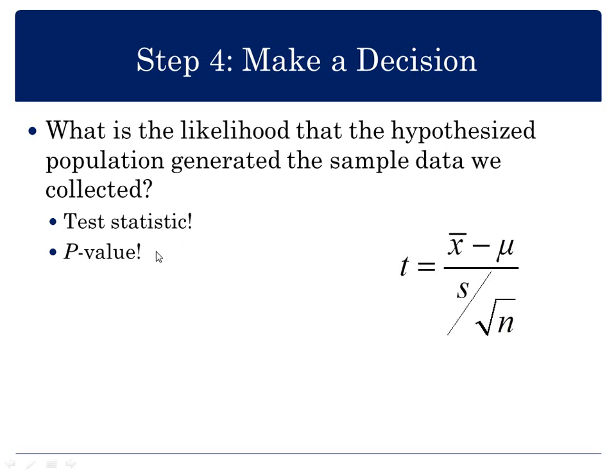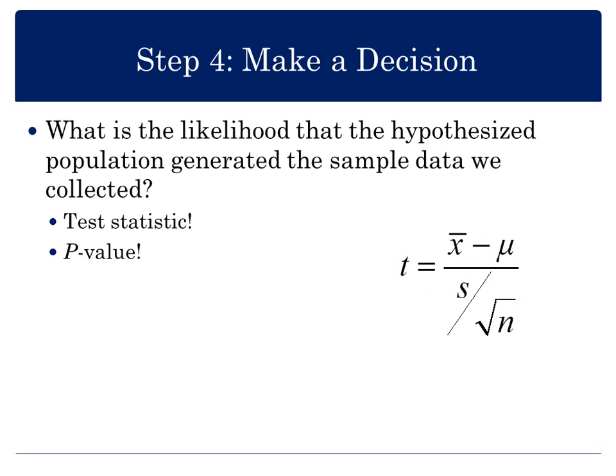So in the case of a continuous outcome like CS score, where I'm interested in the population mean and I have approximately normal data, the appropriate test statistic would be the t. Look at the bottom of the t. What does that thing look like? Standard error, right?